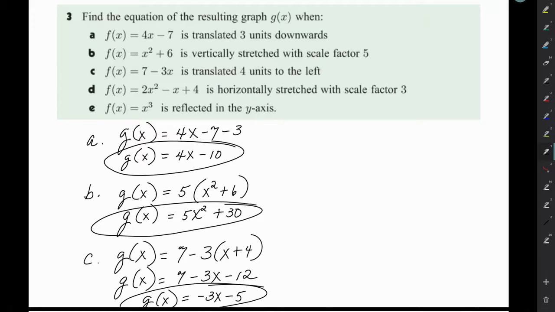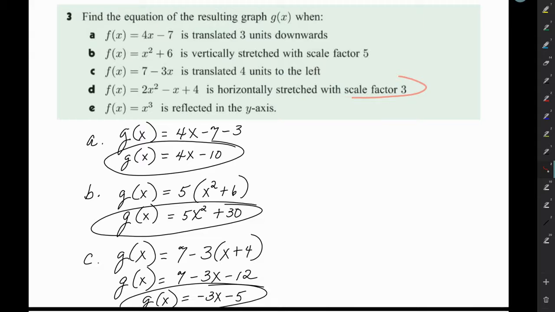All right, letter D, we have a horizontal stretch with a scale factor of 3. Now, this is a little sneaky, all right? A scale factor of 3 for a horizontal stretch. Well, a horizontal stretch is going to be a number between 0 and 1.